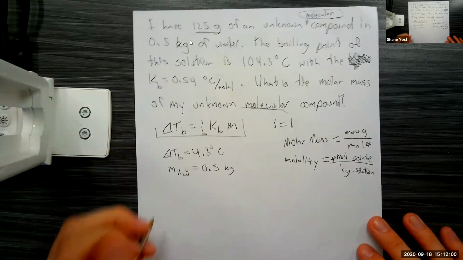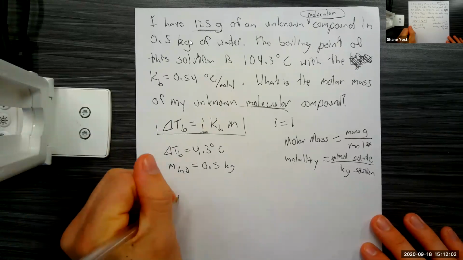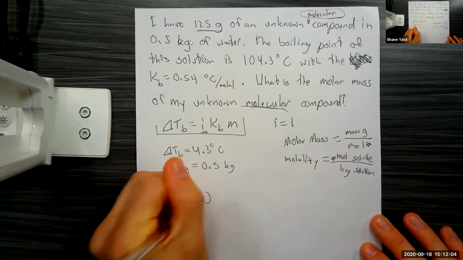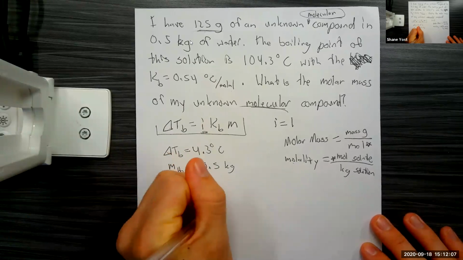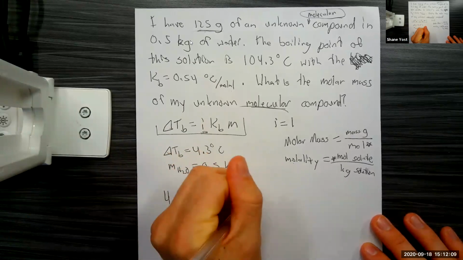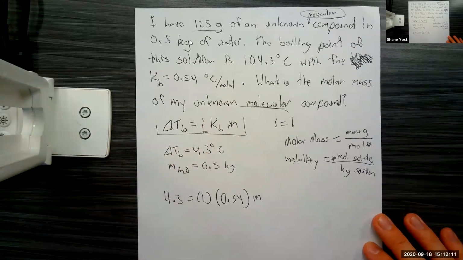And so let's just plug in things here. So 4.3 equals the Van't Hoff factor of 1, K_b is 0.54, and then m here is our molality that we're trying to solve for.